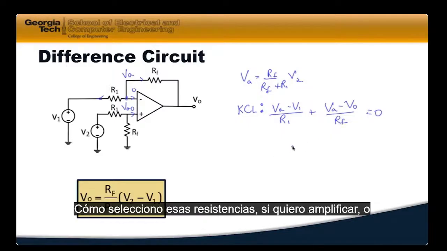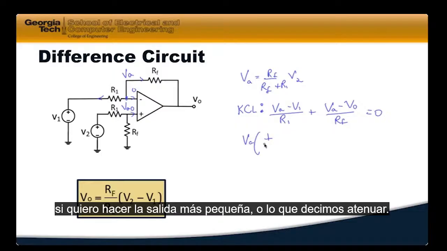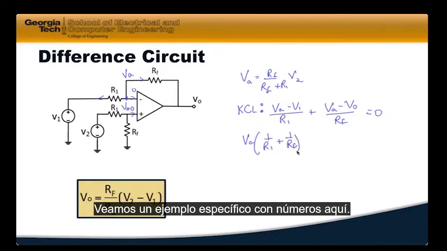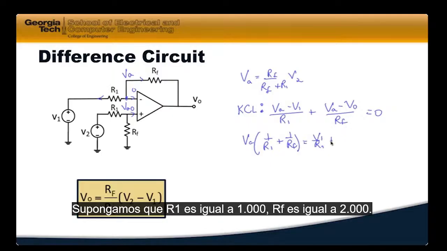From this equation, let me pull out my VA: VA times 1 over R1 plus 1 over RF is equal to V1 over R1 plus V out over RF.